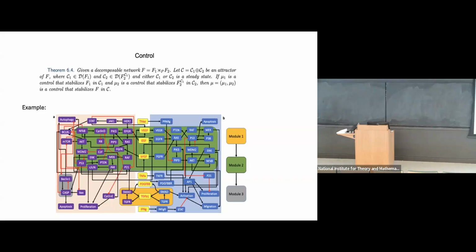In this case, this is a network that is an intra and intercellular network related to, I think it's, what kind of cancer is it again, David? Pancreatic cancer. Pancreatic cancer. And so here the idea is, how can you control this system and move the cell from being proliferative to being apoptotic?